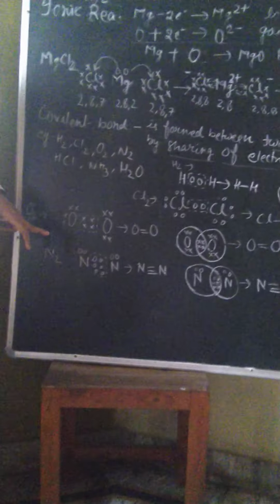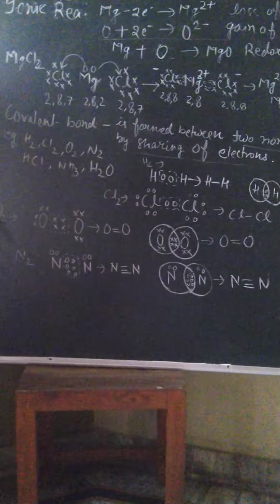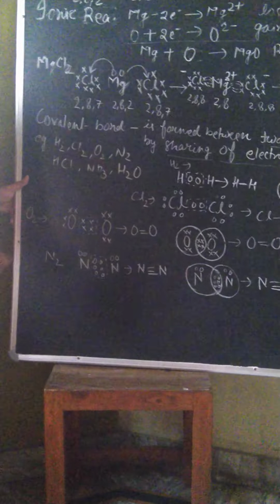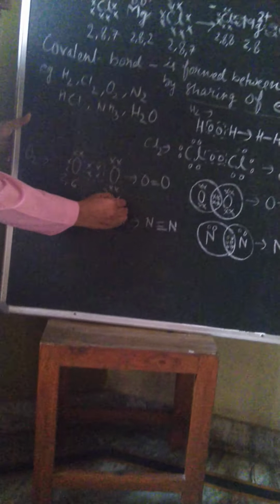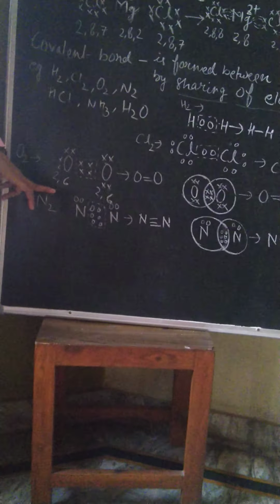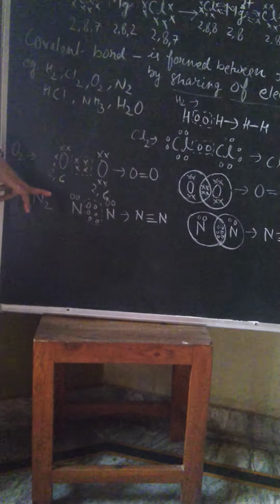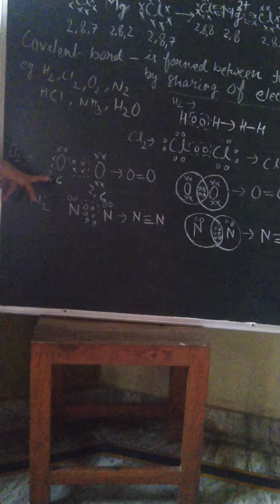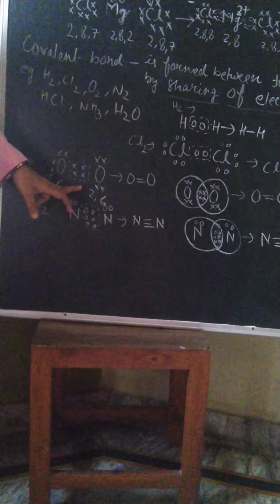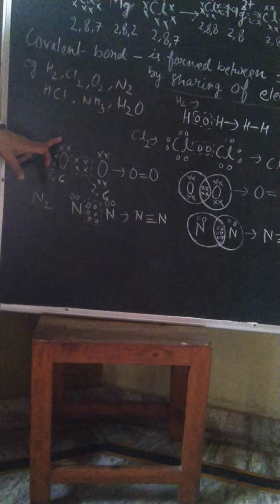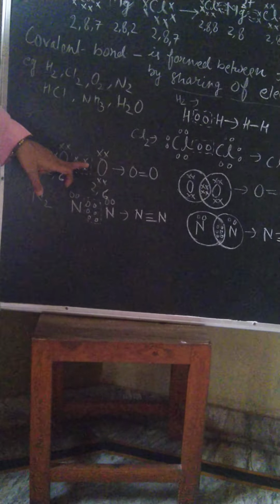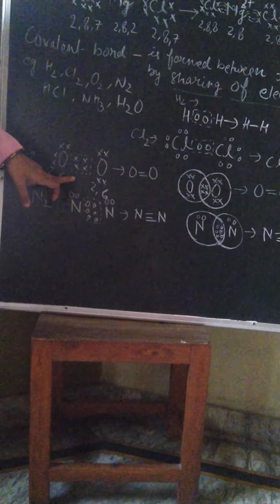Now the third covalent molecule is oxygen O2. Configuration 2, 6. 2, 6 means each oxygen will need 2 electrons for completing its octet. So now each oxygen will take out their 2 electrons for sharing. After sharing 2, 4, 6 to 8 and 2, 4, 6 plus 2, 8.